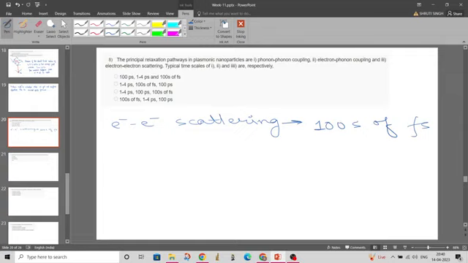And for electron-phonon coupling, it happens between 1 to 4 picoseconds.